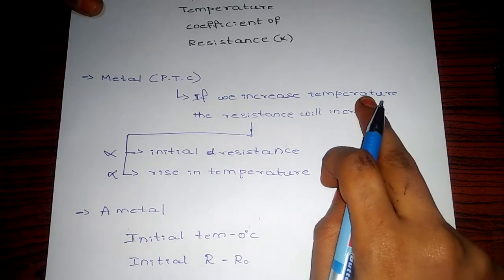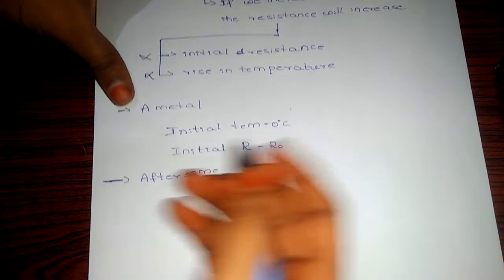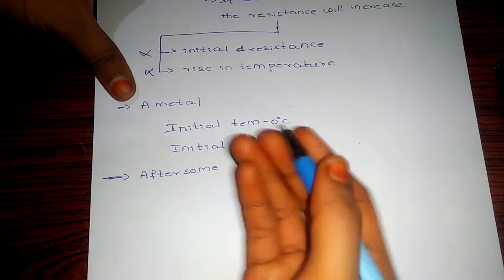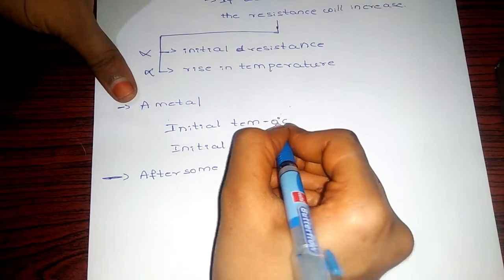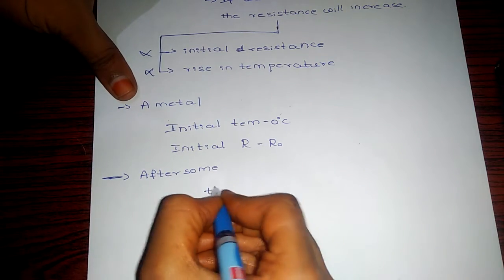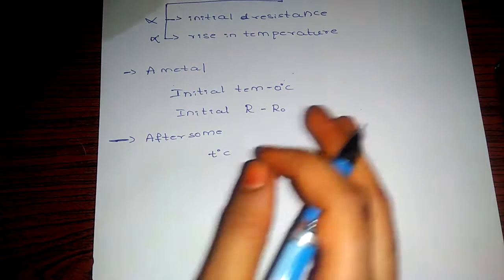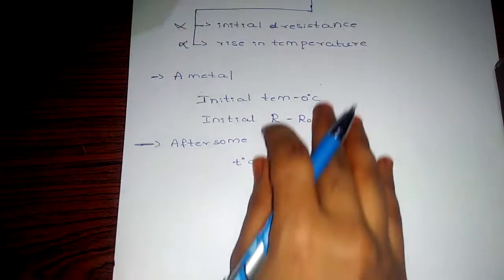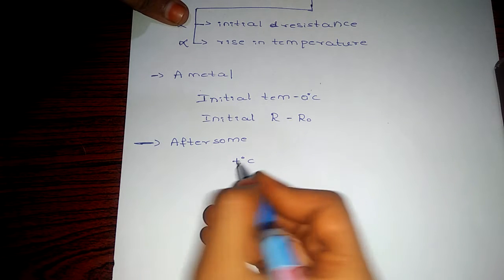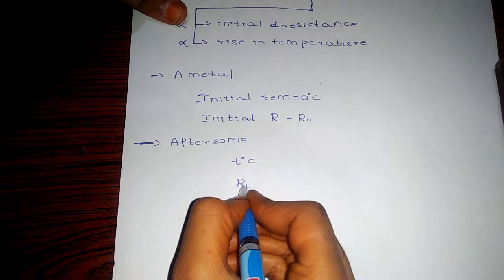If the temperature is increased, of course there will be an increase in resistance, right? After some time the temperature has increased to T degrees. Will the resistance be the same as the initial? No, of course not. It will increase as metals have positive temperature coefficients. Let's say it is RT.